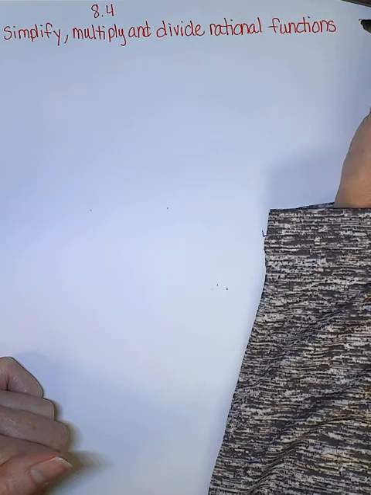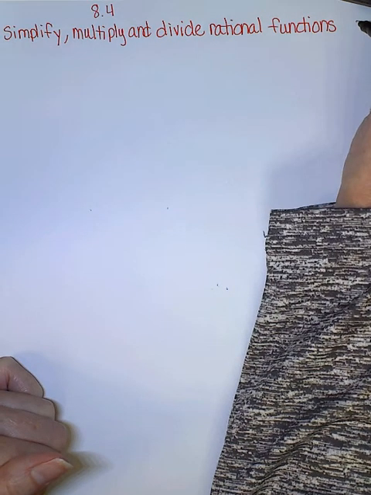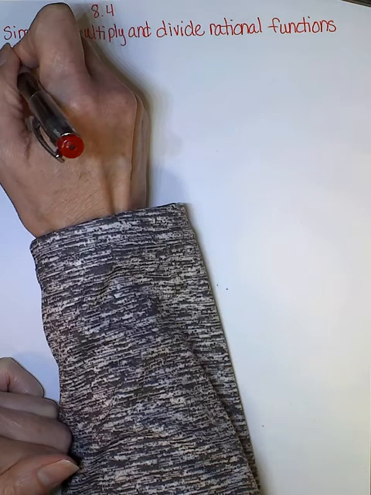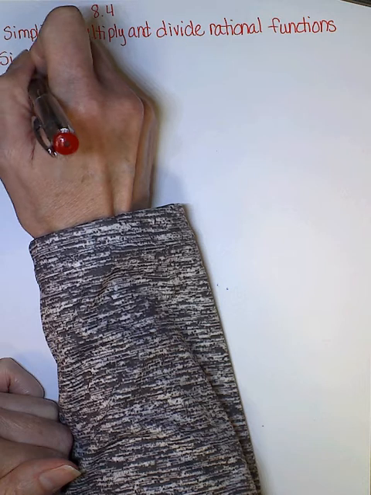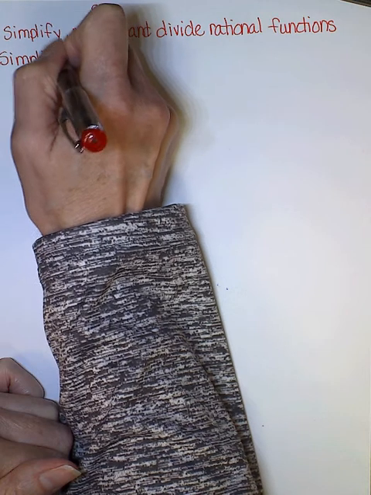Alright, so one thing that you need to know is what a simplified rational function looks like. And you know it's simplified.